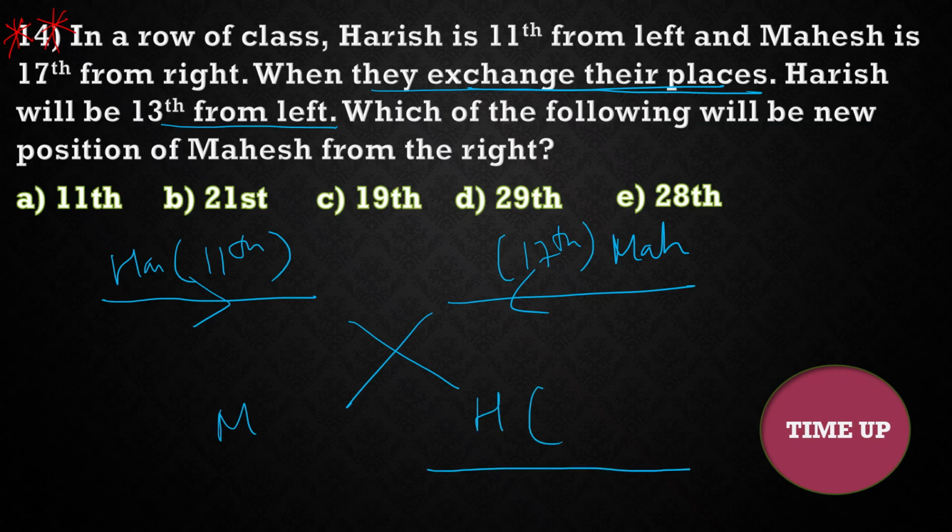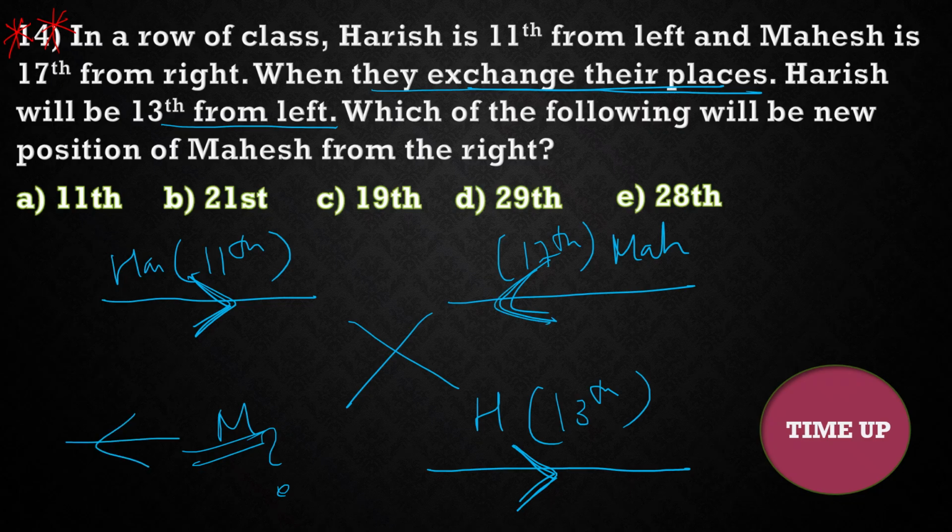So Harish is 13th from the left, they have said. You can see the same arrows here. Now what they have asked, they have not asked the total, but the new position of Mahesh from the right end.